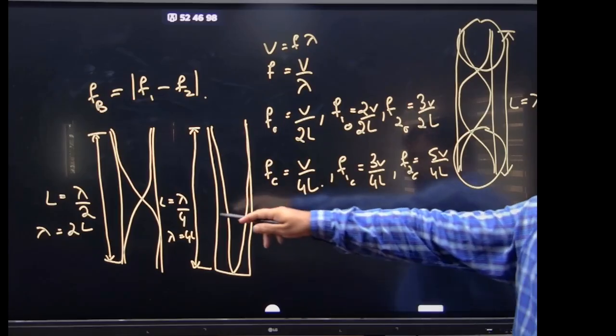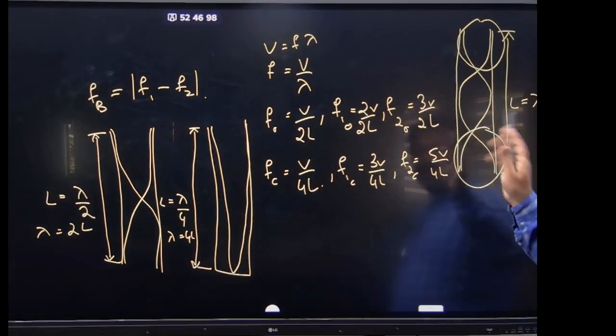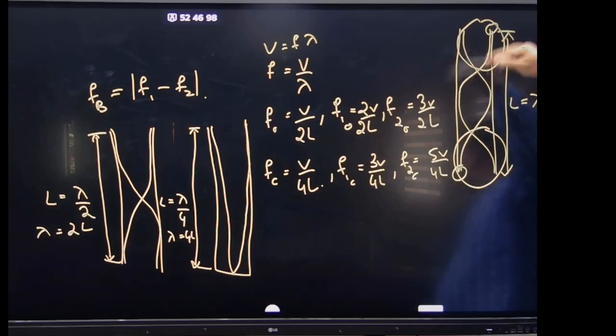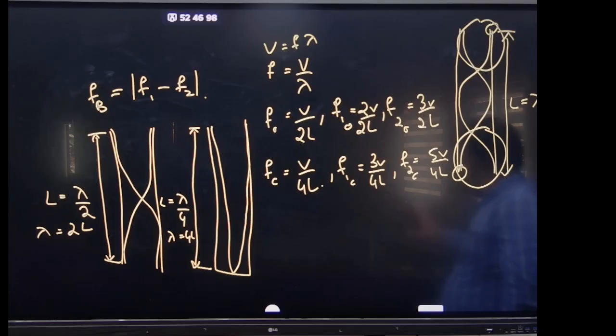There it was lambda by 2, here it becomes lambda, because this is the distance between two consecutive peaks. And that is lambda. Understood that? Sure of it? No doubts at all?